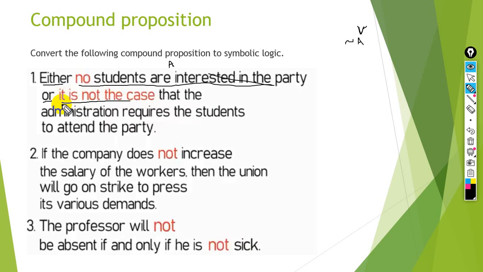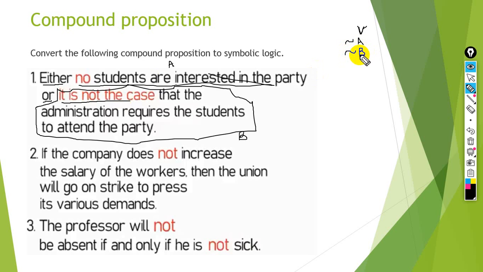From here up to here, this complete statement is the second proposition, B. And this is also negative: 'it is not the case that' means negation, so this is tilde B.